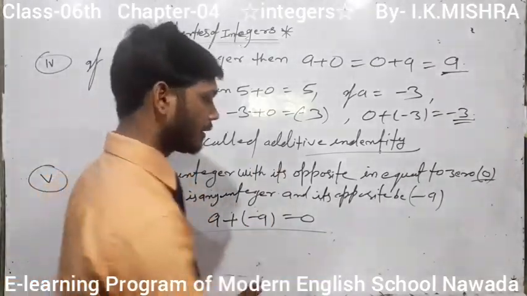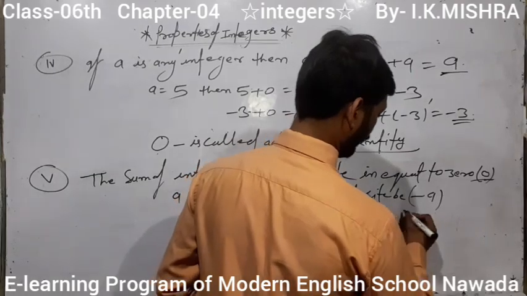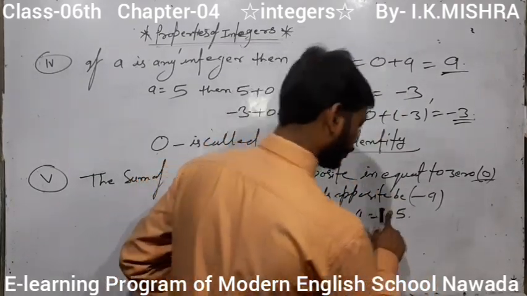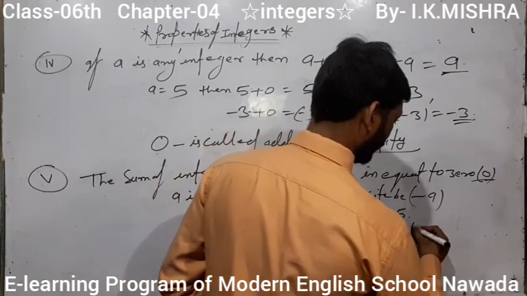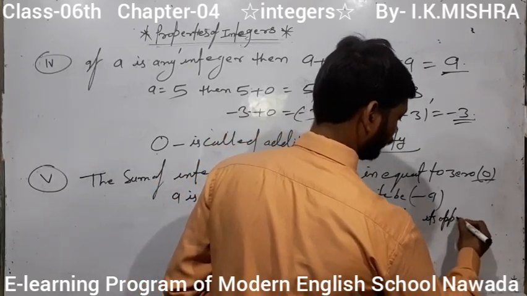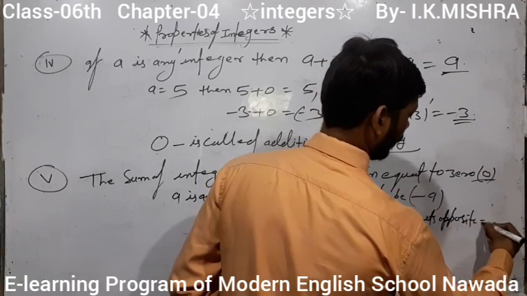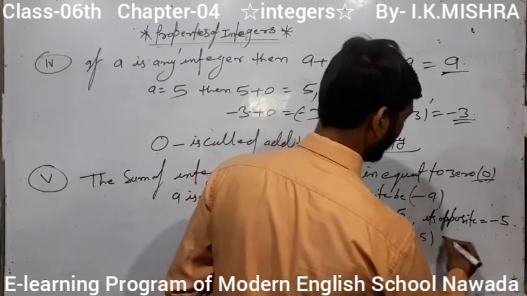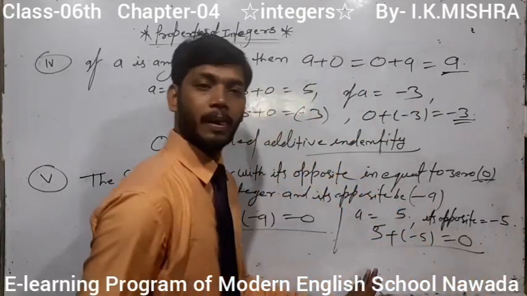Here, friends, suppose A equal to 5, then its opposite is equal to minus 5 and 5 plus minus 5 is equal to 0.